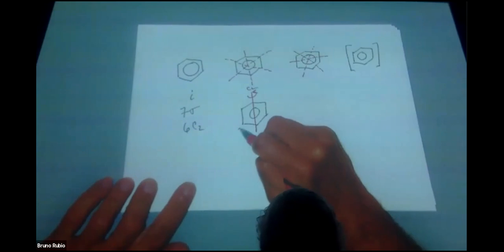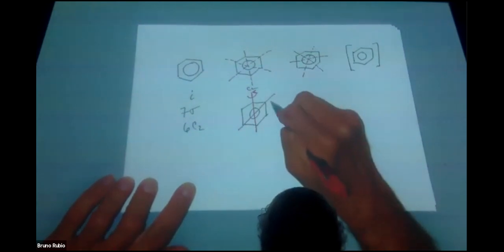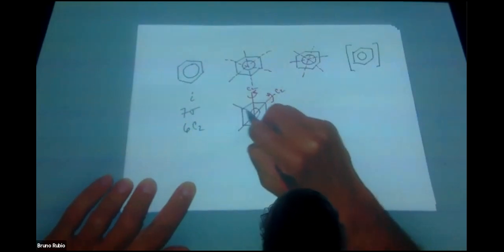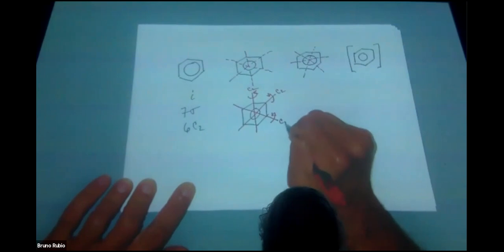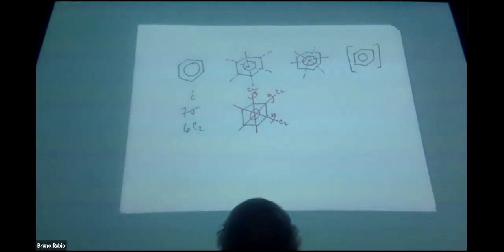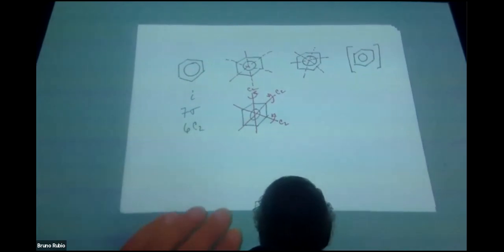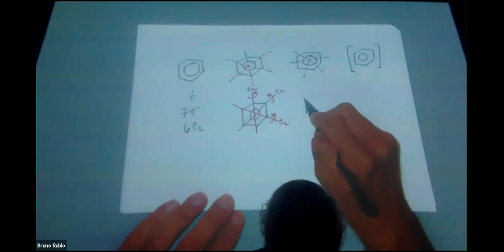This would be another C2 axis right here. For benzene, just by accident, there is no correlation between the number of planes of symmetry and the number of C2 axes. This is just for benzene. So there are 3 C2 axes that way.